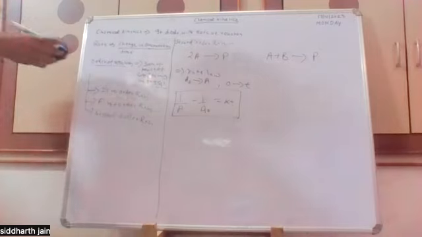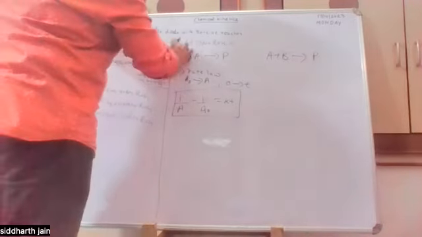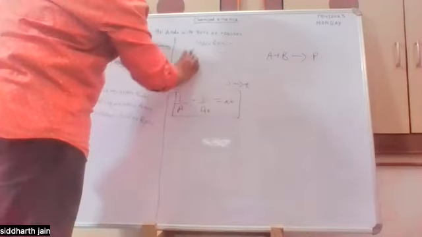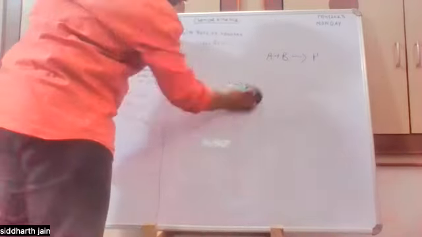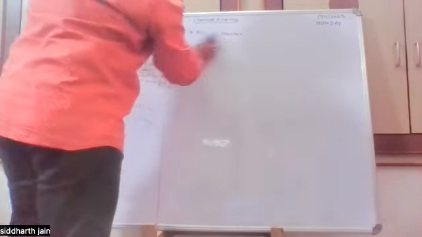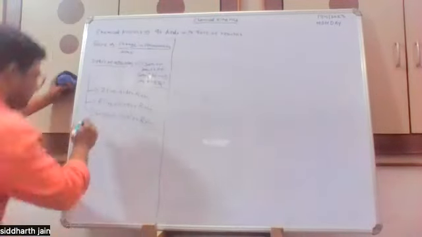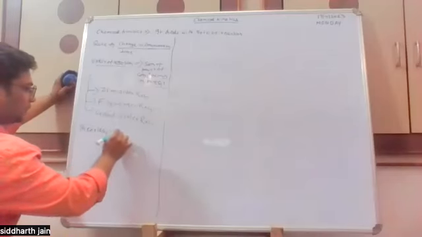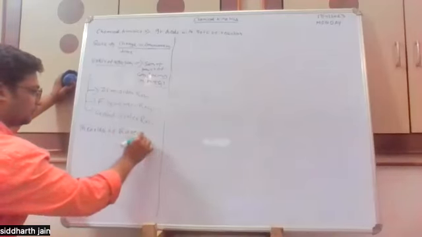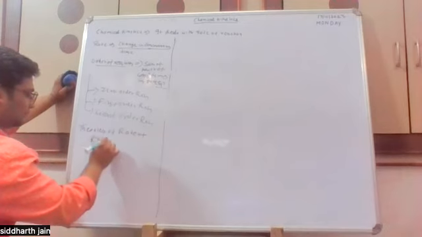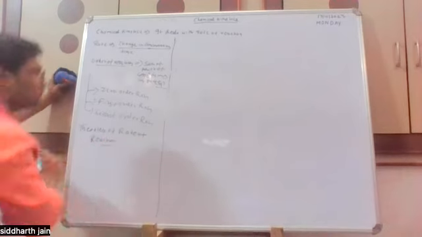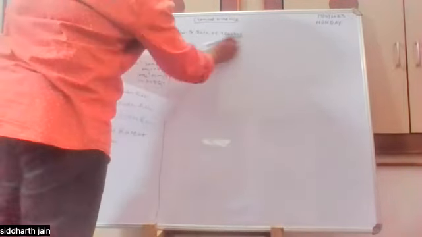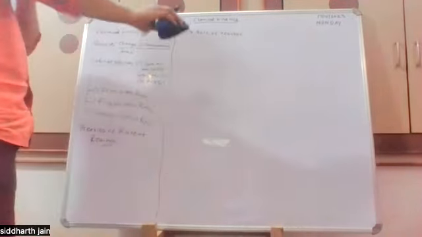Now let's move to the next thing, because these are the simple order reactions which are usually studied in 11th and 12th. So let's move to the next one, which is the theories of rate of reaction. Now in theories, we are having two different types of theories which define the rate of reaction.